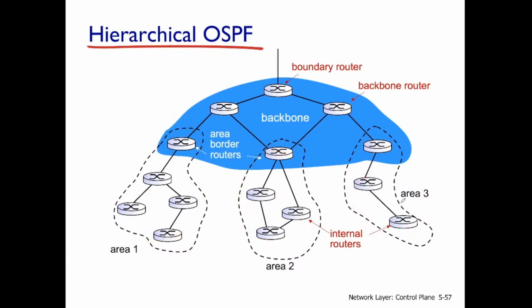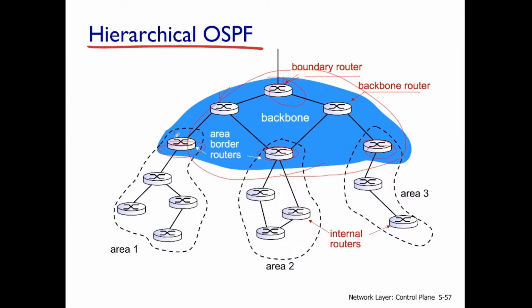And then at the higher level, in the backbone of this AS, we could also have multiple routers configured. These are called the backbone routers in general. Some of these backbone routers might be at the border of the AS. They are also the boundary routers. Some of these backbone routers are also the managers of the areas.